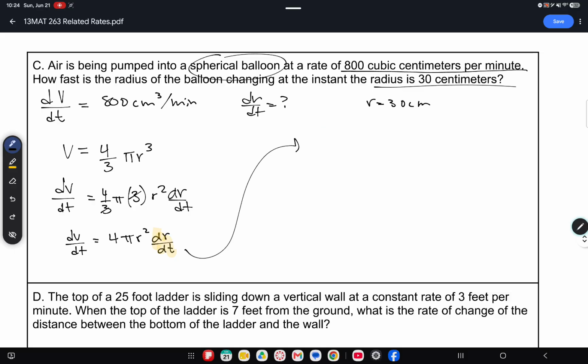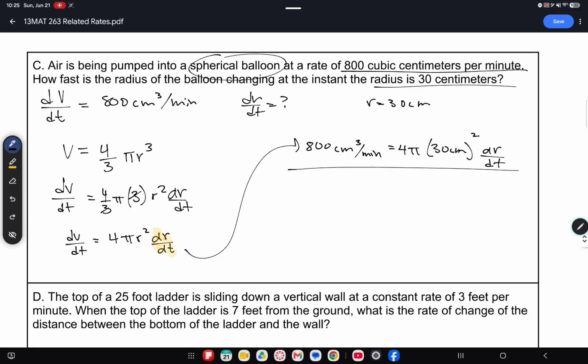I'll move over here, give me some space. So dV/dt is 800. And let's keep track of our units here. So 800 centimeters cubed per minute equals 4 pi times r, which is 30 centimeters, squared. And then I'm solving for dr/dt. All right.